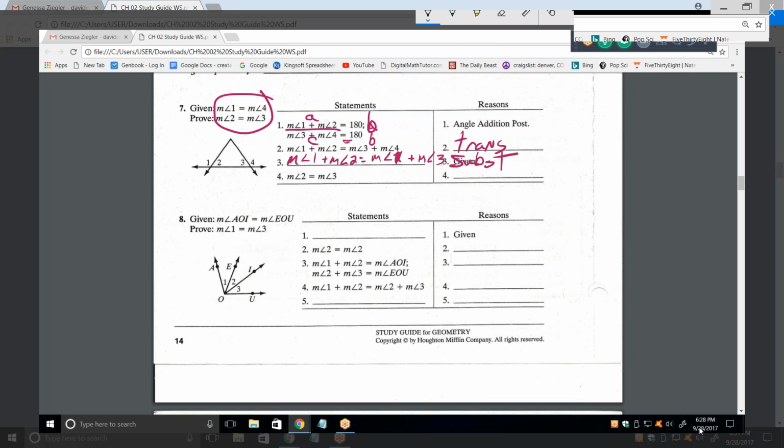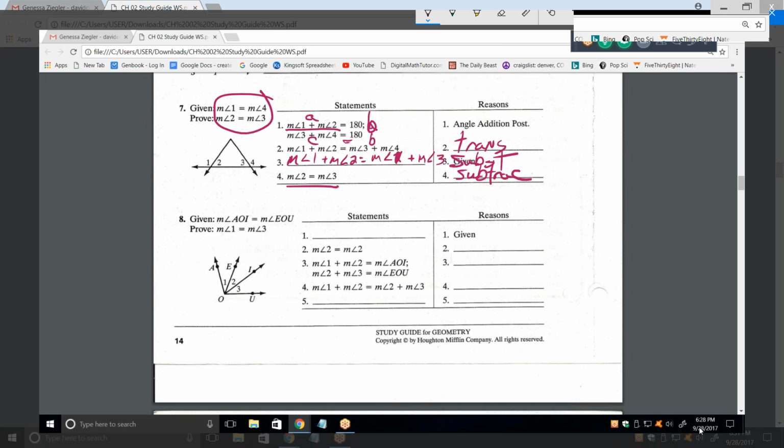In other words, in the given, 1 is equal to 4, right? So in place of 4, I'm going to put 1. And now I get 1 plus 2 equals 1 plus 3. And now I can subtract 1 from both sides, giving me what they're trying to prove, based on subtraction.